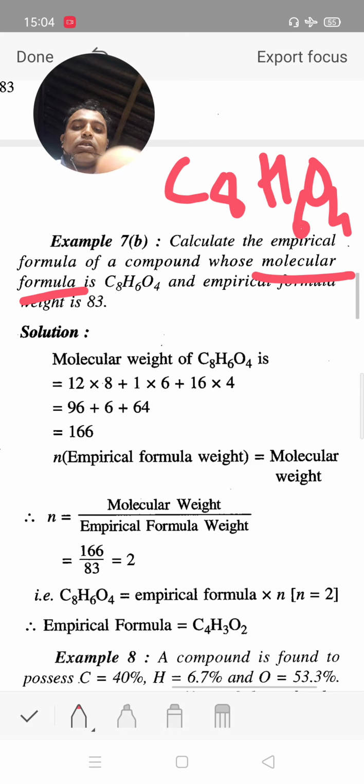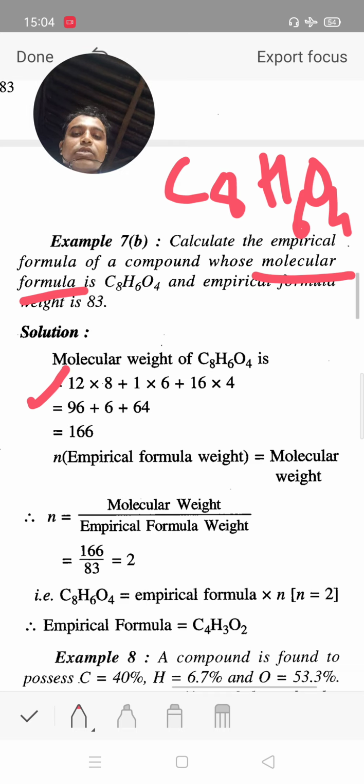Carbon atomic weight is 12, hydrogen is 1, and there are 6 hydrogens, so 1 into 6; carbon 12, total carbon 8, so 12 times 8; plus the atomic weight of oxygen 16, 16 times 4. Then we calculate the molecular weight of C8H6O4. It is 166.